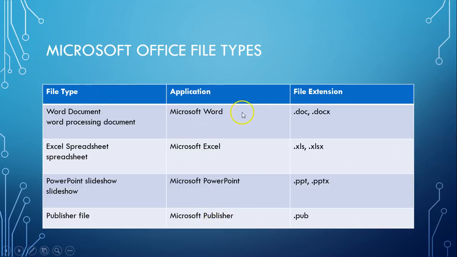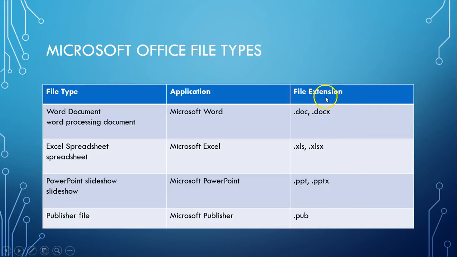Anything in this application column here, these are the apps that are most commonly associated with this file type. Doesn't mean they're the only one, but they're most commonly associated with it. Then we have the file extensions of .doc and .docx, and you'll notice that this pattern repeats for Word, Excel, and PowerPoint.